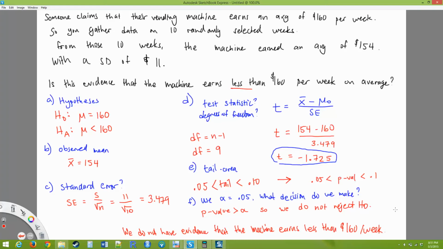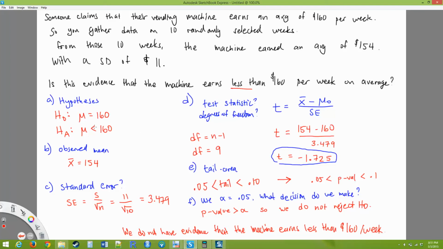Yes? So the tail was greater than? What does that do to our p-value? You said it was from last week when you were explaining. Okay.